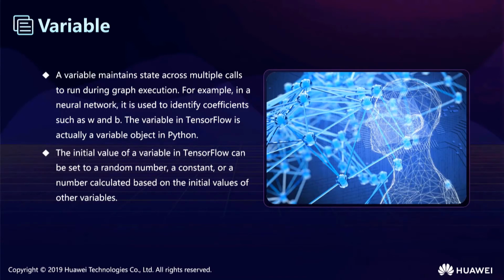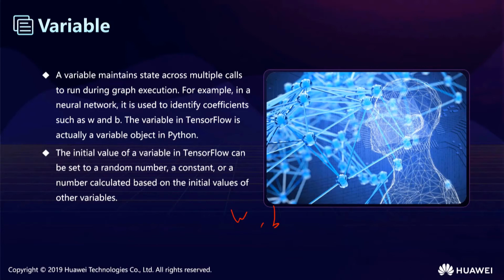Next, the concept is a variable. A variable maintains the state information during graph execution. For example, in neural networks, it is used to identify the coefficients such as W and b, the weight and bias. The variable in TensorFlow is actually a Variable object in Python.